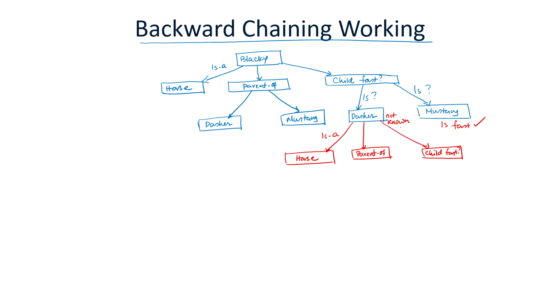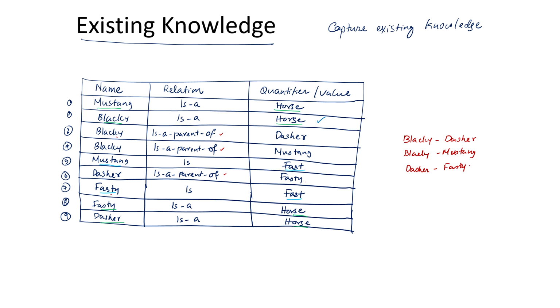So, we have one here, the parent of Fasty. And the question is: is Fasty fast? If you look into it, we can see that it is defined that Fasty is fast.